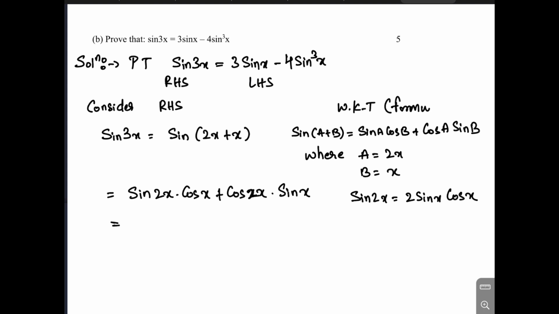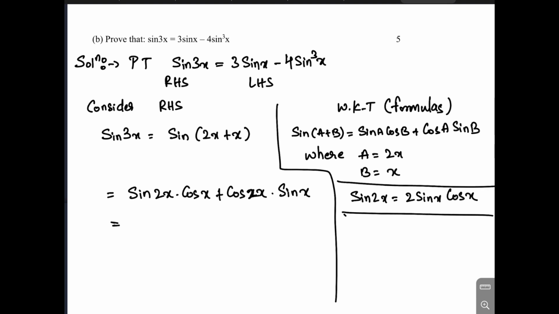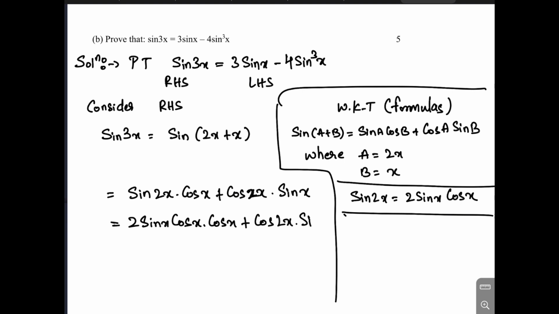These all are formulas. So sin 2x can be written as 2 sin x cos x into cos x plus cos 2x into sin x.